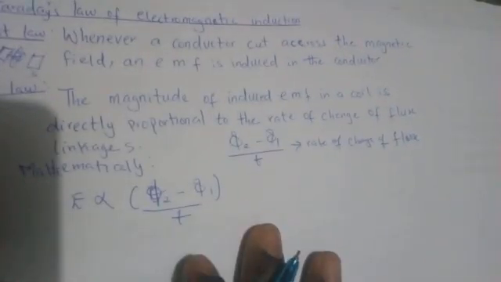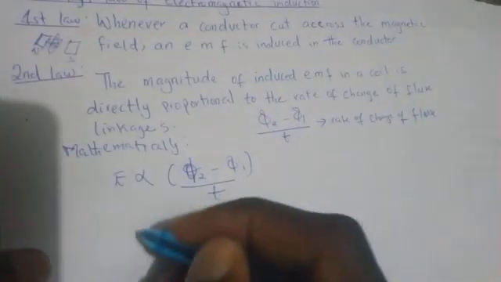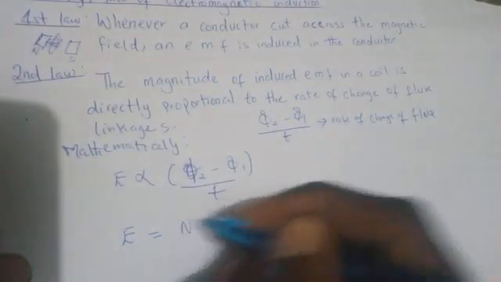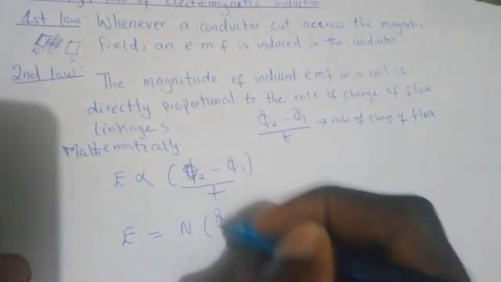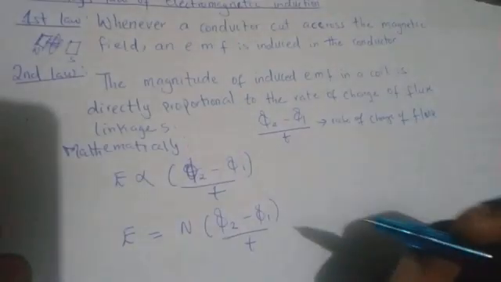Now, very good. If I bring in a constant of proportionality, I'm going to have E directly proportional to, let's say, N into phi 2 minus phi 1 over T, right?